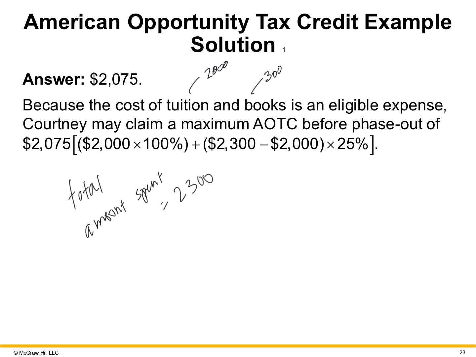When we go through the credit calculation, 100% is applied to the first $2,000. Then the remaining piece above that $2,000 is multiplied by 25%. So $2,300 minus $2,000 gets us $300 times 25%, which gets us the $75 part of the $2,075 that can be taken.